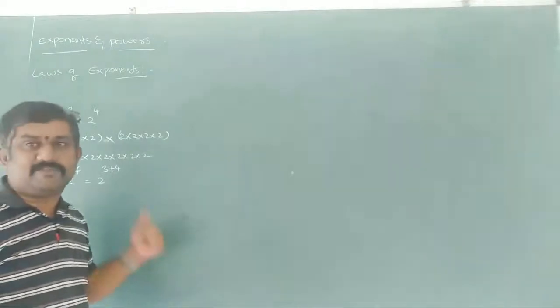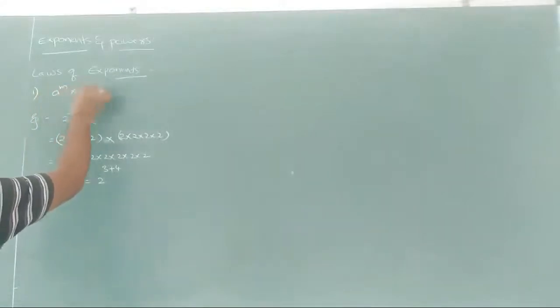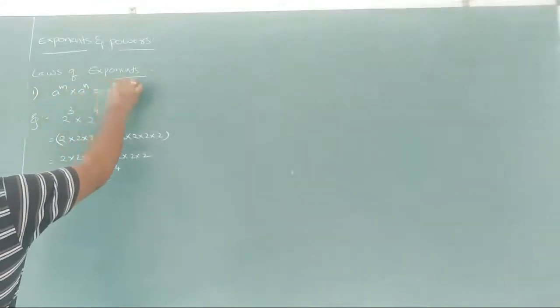Now this is an example for which property? The property is a to the power of m into a to the power of n can be written as a to the power of m plus n.